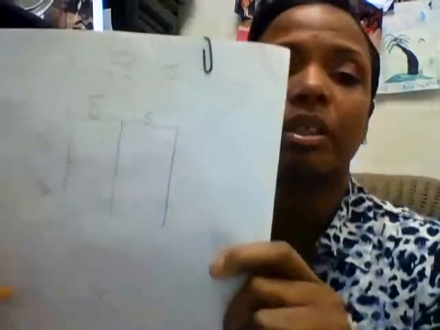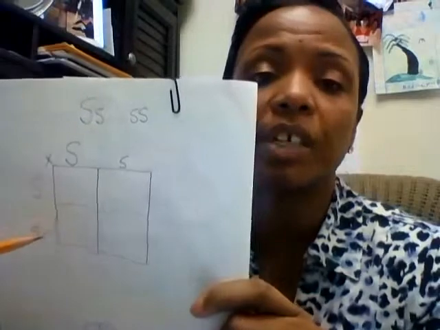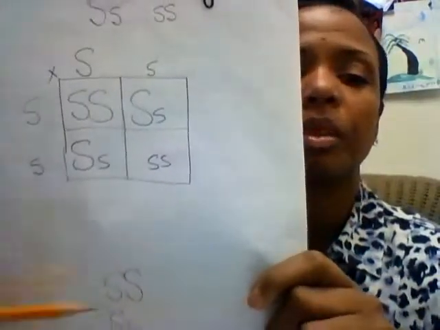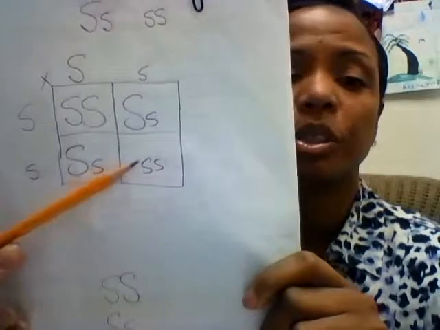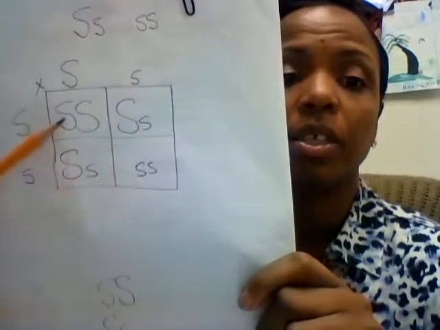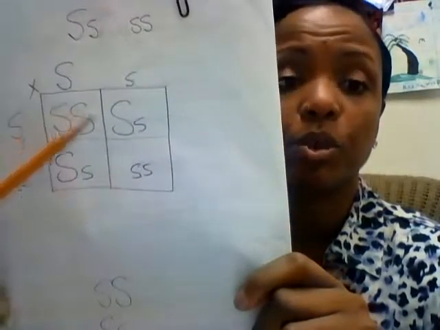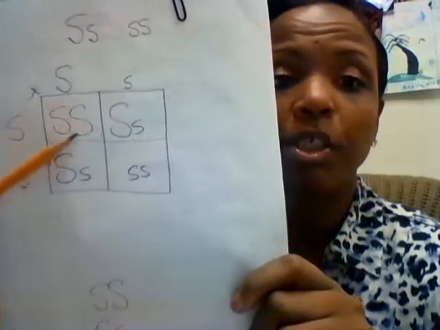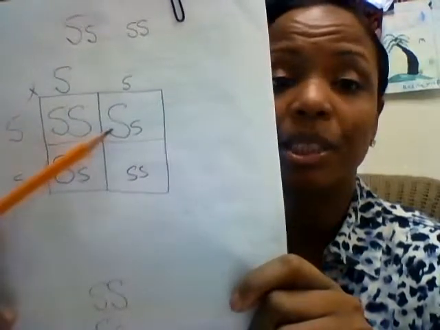Ideally, the chances of the offspring developing sickle cell anemia would be a 25% chance, because here the dominant traits, which means what would be expressed in the individual, would mask the recessive traits.